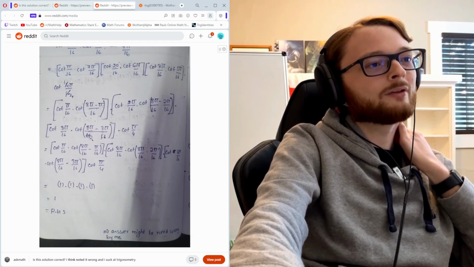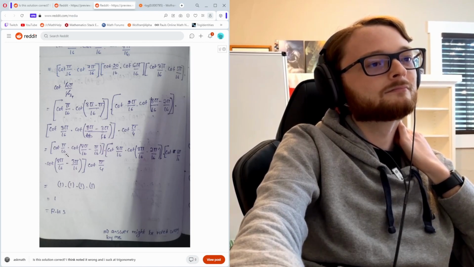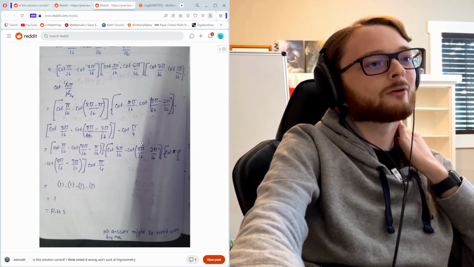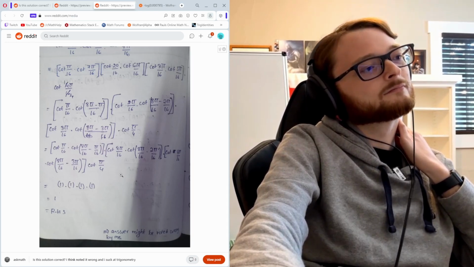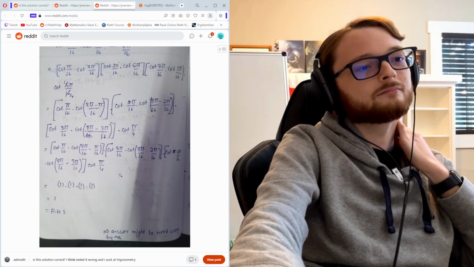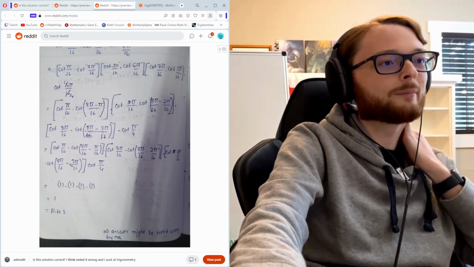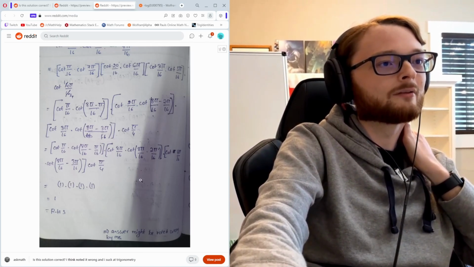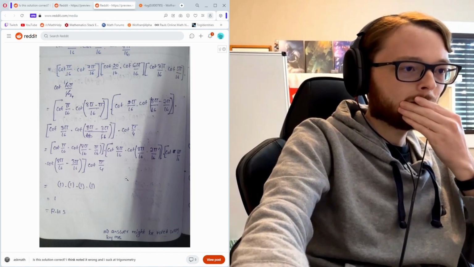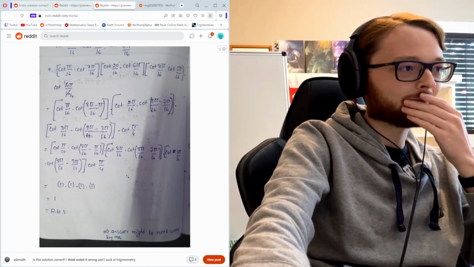Oh wait, maybe they don't need to do that. Wait, how do they make the claim that like each of these factors are 1? This is a pretty big leap from this step to this step, I think. At least I don't see where that comes from.